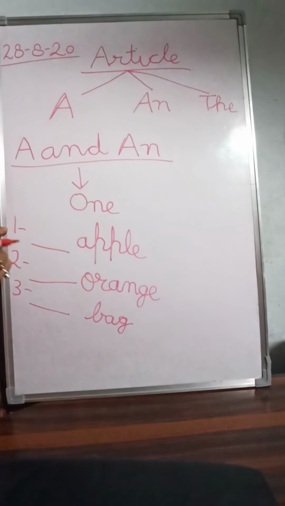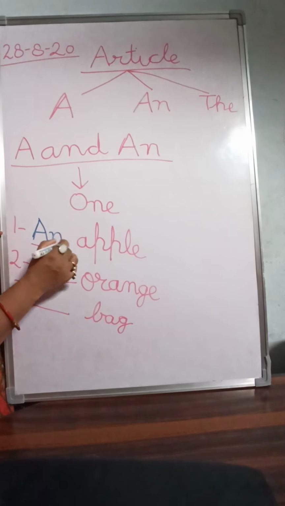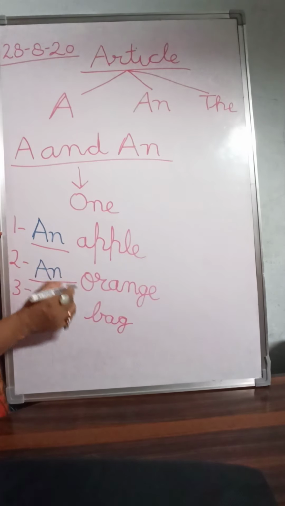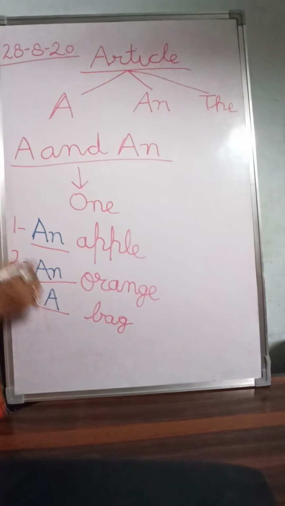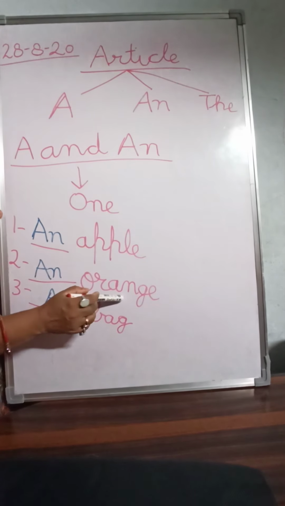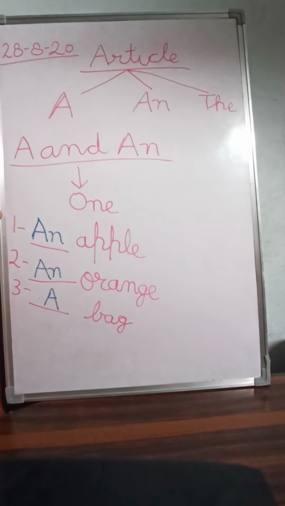Okay children, see now, before apple I am writing an, before orange I am writing an, before bag I am writing a. So if you see, I have written here an apple, an orange, a bag. Now I am going to explain why I have written an and a. Okay.